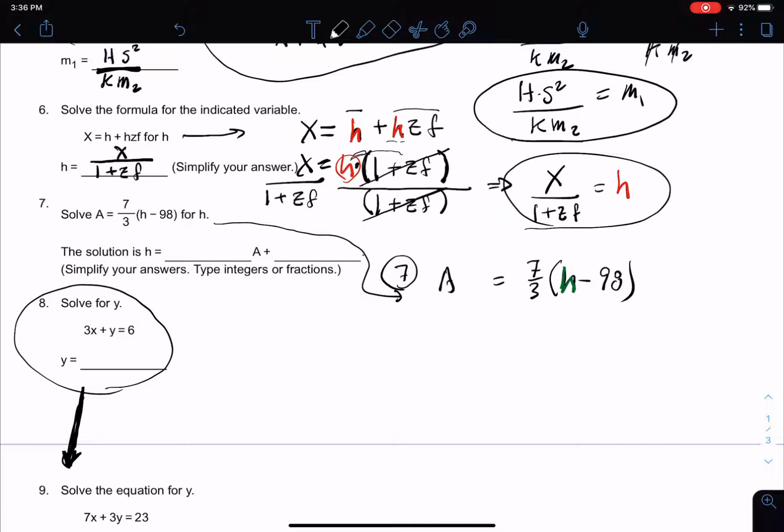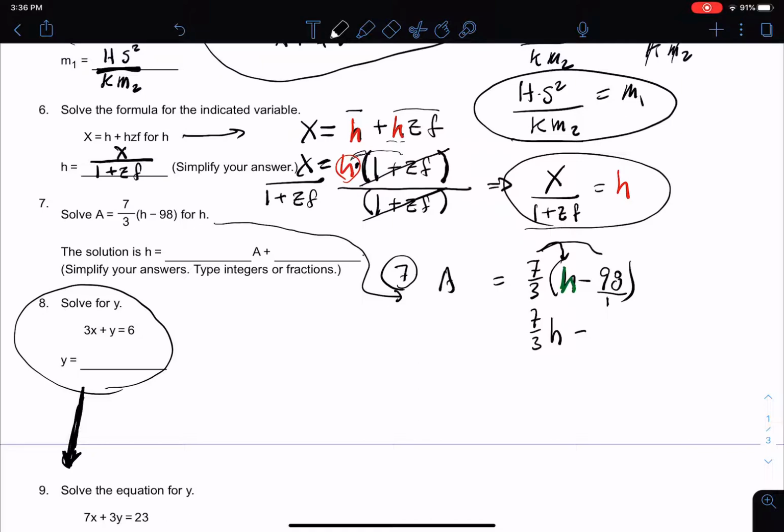I think a lot of people would say, I want to distribute, so I'm going to go with a common way. Distribute would be 7 thirds h, and you distribute this, so you're going to multiply. I want you to think about this 98. You could think of it as a fraction, right?